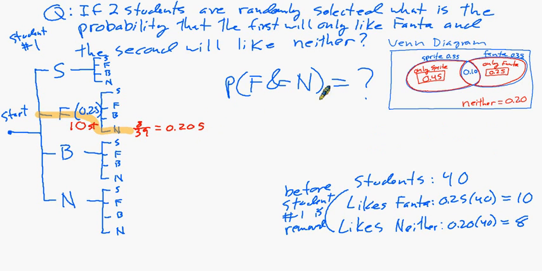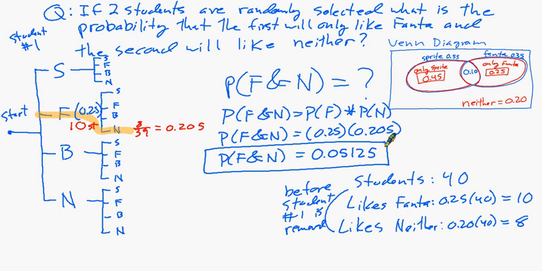Now we have the information to answer this question. Probability of Fanta and neither for the first event and the second event. Well, that's the multiplication rule. Of Fanta and neither would be probability of Fanta times the probability of neither, which ends up looking like this.